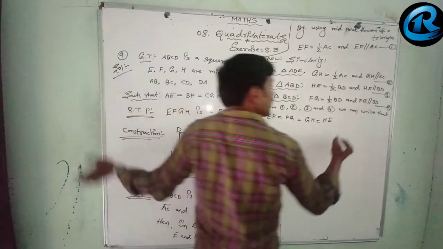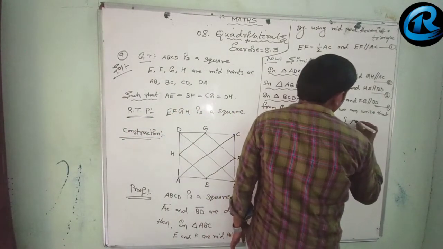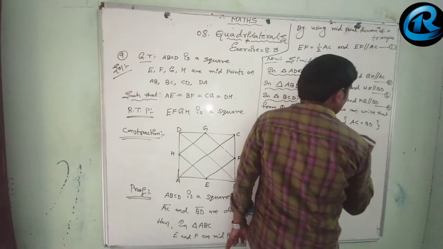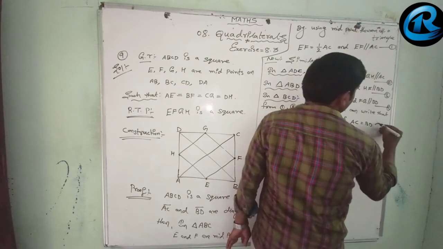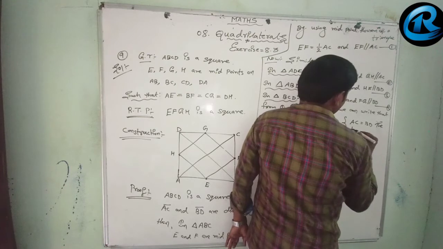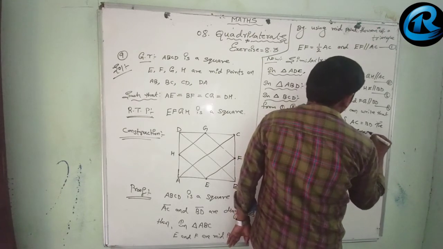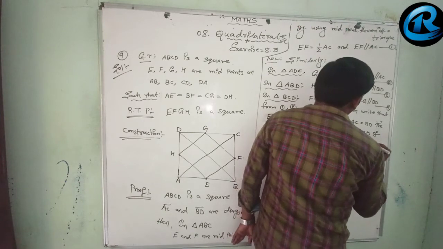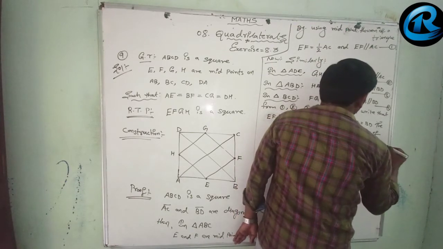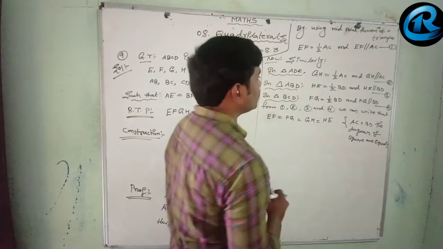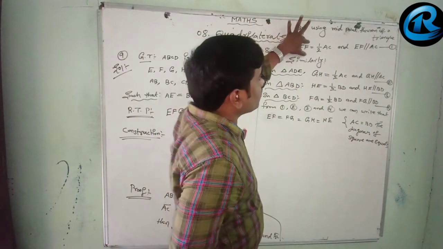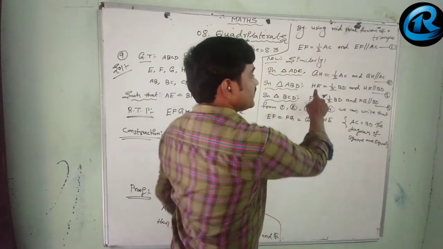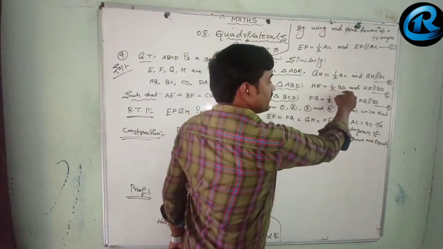Where AC and BD are equal, the diagonals of a square are equal. Now what can we write? EF equal to 1/2 AC, GH equal to 1/2 AC, and HE equal to 1/2 BD.